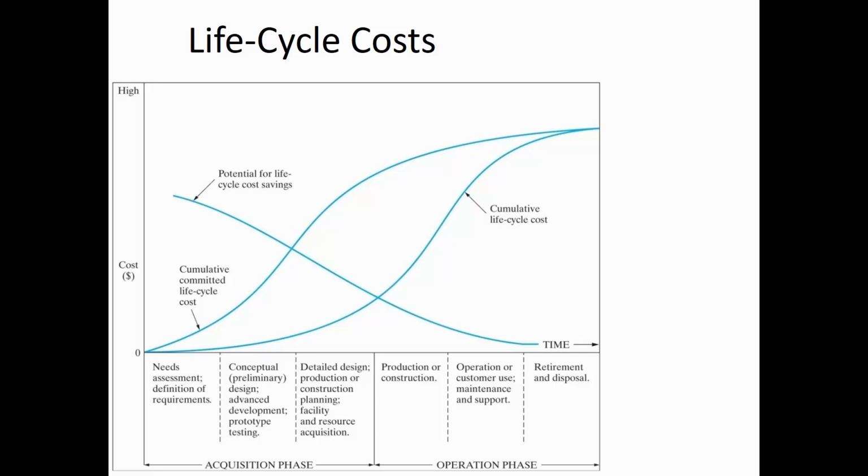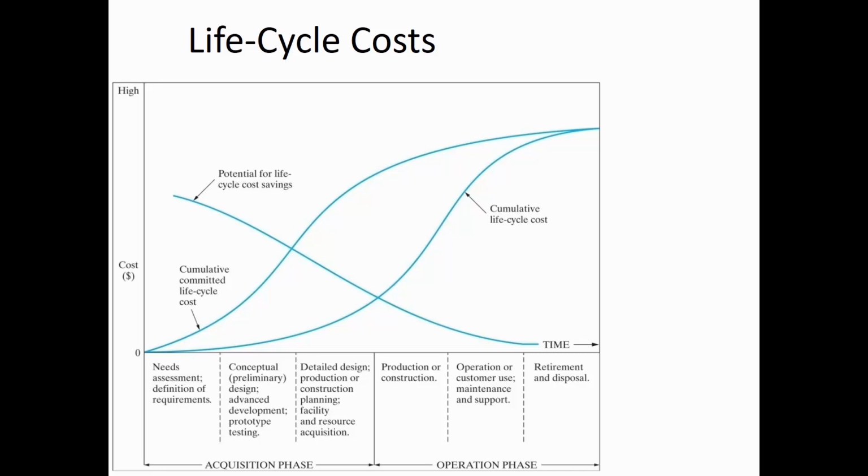So during the needs assessment, for example, when you're just scoping out a project and deciding how big the building should be, the commitment to spend money is before the actual spending of the money.